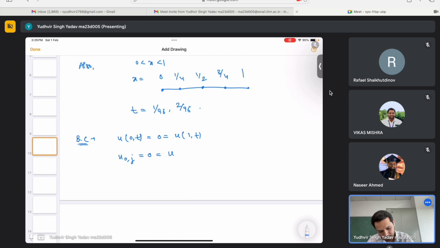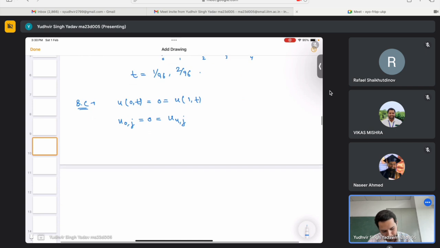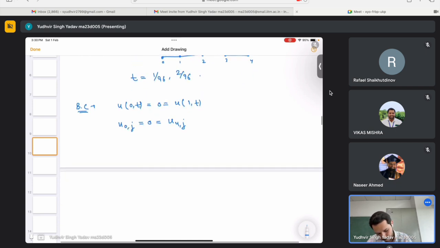And u4, that is this fourth node, since it is 0, 1, 2, 3, 4. So u4 comma j is also 0. And from the initial condition, we have u of x is sine pi x.